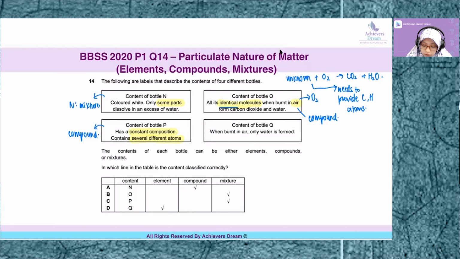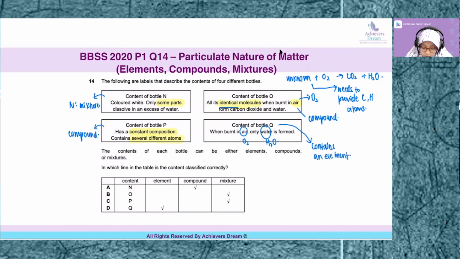The last one, content of bottle Q, when burnt in air, oxygen, only water is formed. Meaning that the content in bottle Q must provide hydrogen, and since there's no other different element, this means that bottle Q contains an element. All right.